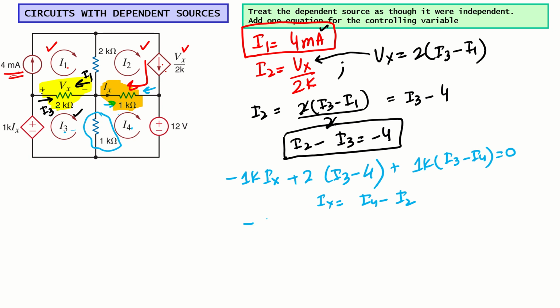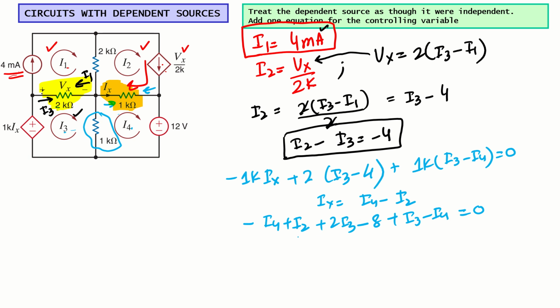So it becomes minus Ix, where Ix is I4 minus I2, so the sign will change: minus I4 plus I2. Then plus 2 times I3 minus 8. Then again plus I3 minus I4 is equal to 0. So let's rearrange it.